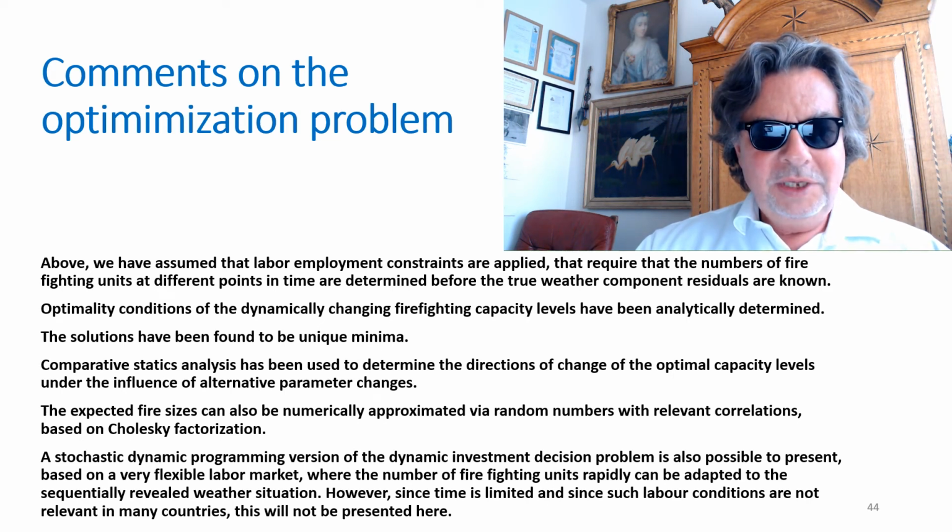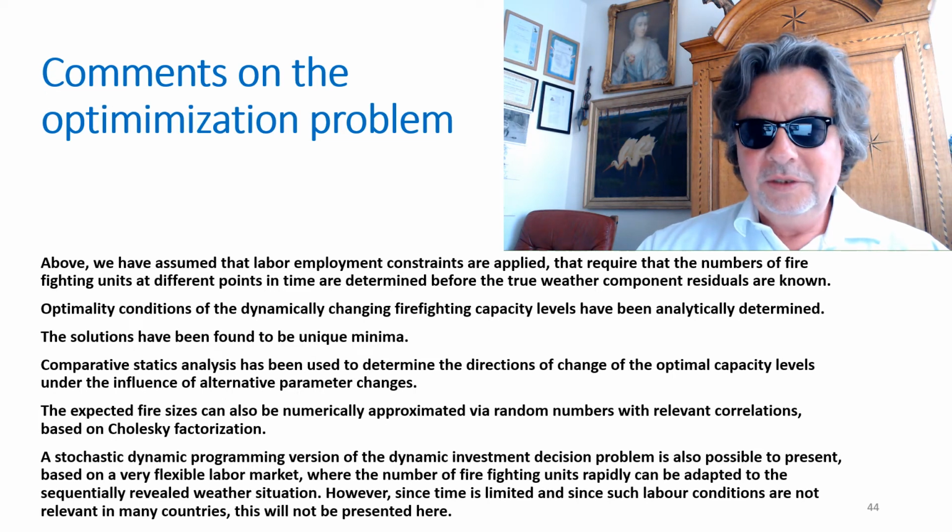A stochastic dynamic programming version of the dynamic investment decision problem is also possible to present based on a very flexible labor market, where the number of firefighting units rapidly can be adapted to the sequentially revealed weather situation. However, since time is limited and since such labor conditions are not relevant in many countries, this will not be presented here.